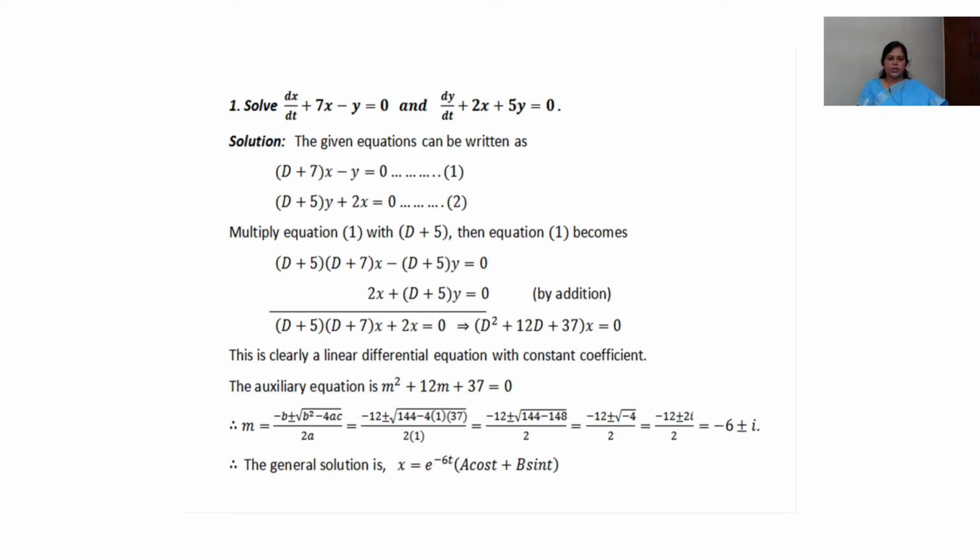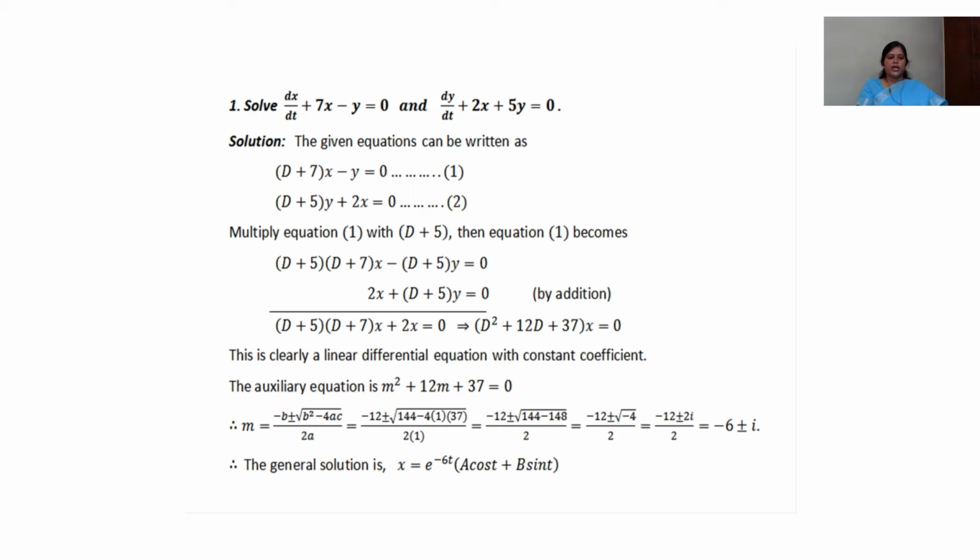Now, from the given equations, we got equations 1 and 2. Now we are going to solve these two equations and try to get the x value or the y value, whichever is easy. We have to observe equations 1 and 2 and try to get any one of the variables.